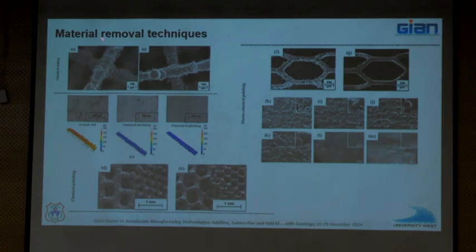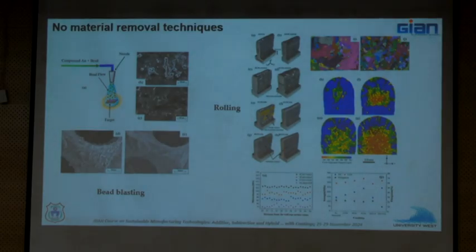I want to talk a little bit about chemical etching and electrochemical polishing, because these are becoming more and more attractive for at least the gas turbine guys. And what we do by Hertization is essentially a variant of chemical polishing or electrochemical polishing.